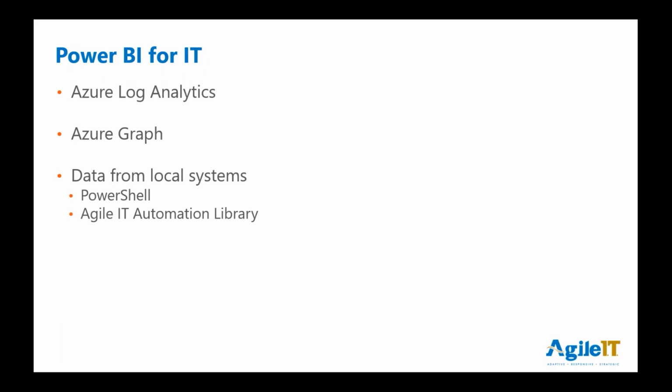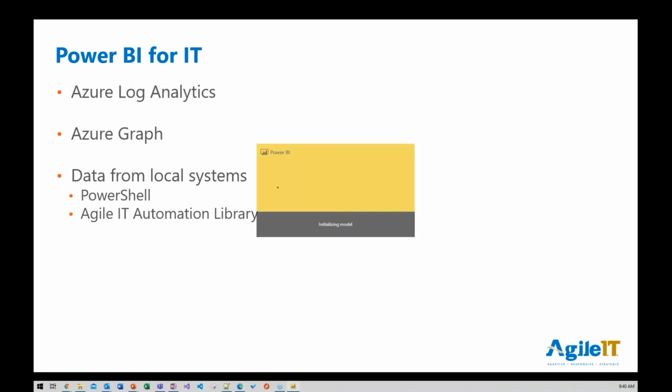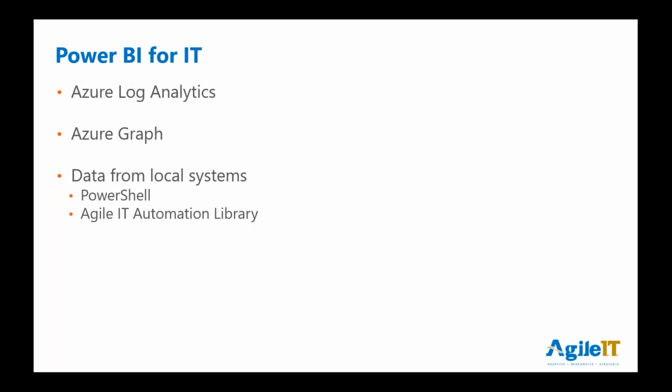So here's the thing: if you're in Office 365 or you're going to go to Office 365, you have access to all that information either in your logs or in your graph or whatever else it is. Once you go into that environment, there's so much access to it, but it does take time. So we have a thing, Power BI for IT, where we can help you wire these things up, help you configure it, and walk you through it.